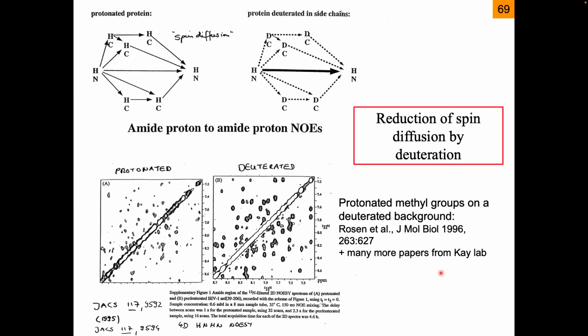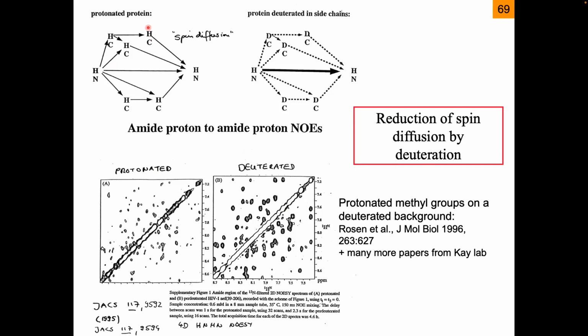because in a protonated case, when you make an NOE transfer, you start on 1 proton, but then you have nearby protons and the magnetization goes to the nearby protons. And when you have an extended mixing time, then from the nearby protons, it again goes to other protons. It's what you call spin diffusion.